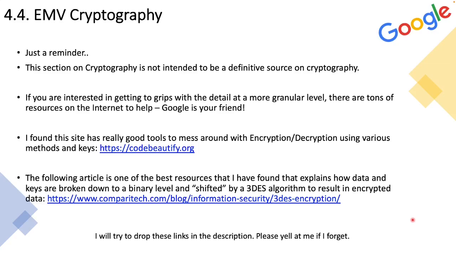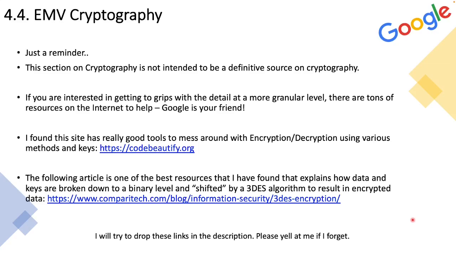Okay. So the following article is also one of the best resources that I found that explains how data and keys are broken down to a binary level and shifted by the algorithm. Remember we said you have the plain text data and you have a key and you have an algorithm, and we just sort of bake this and you combine them and you get encrypted data.